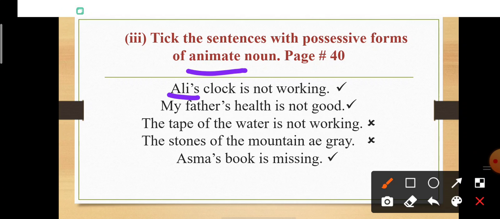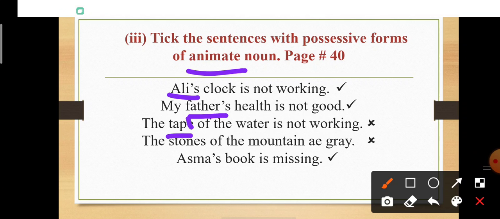The next sentence: my father's health is not good. Father is an animate noun, so this is also a possessive form of animate noun, so this one is correct. The tap of the water is not working. It is not an animate noun as it is in this sentence. The tap is mentioned. The tap is a non-living thing.